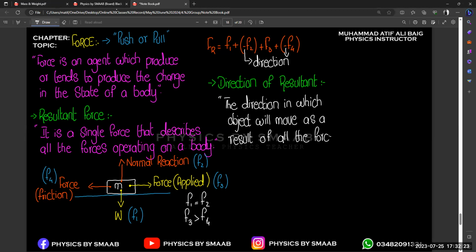And the magnitude you can easily find with the help of equation number 1.